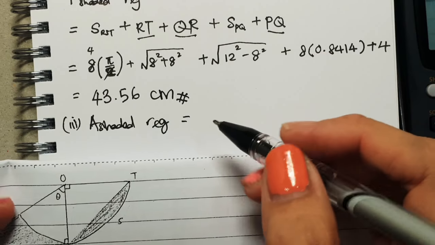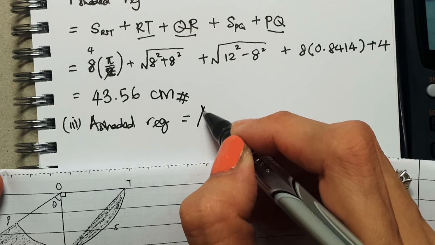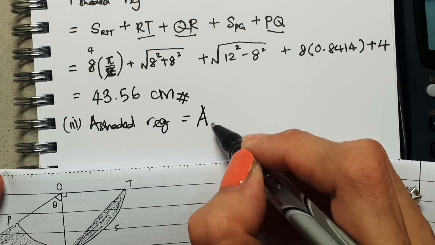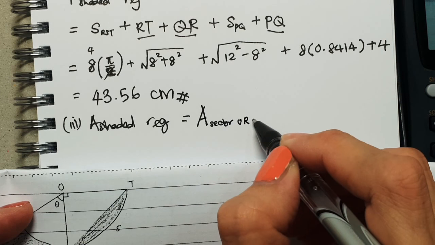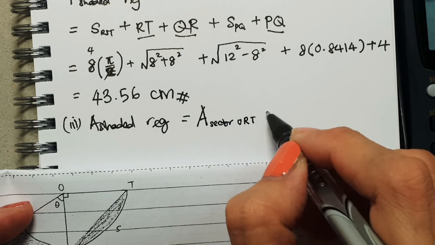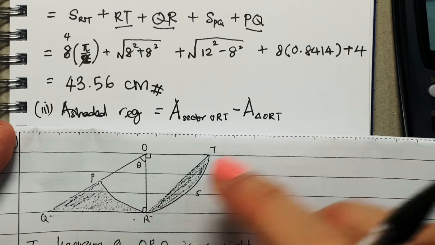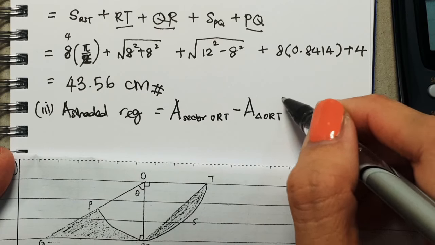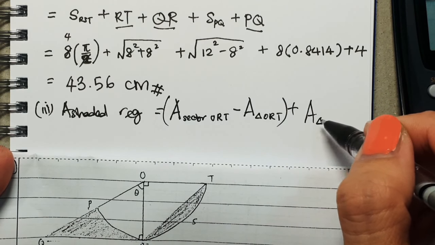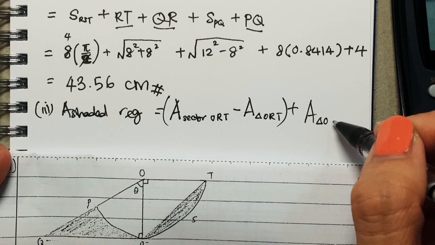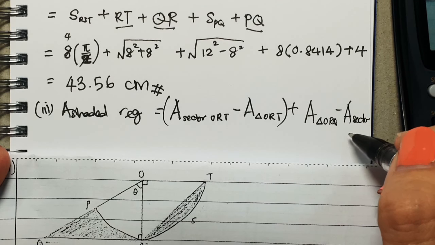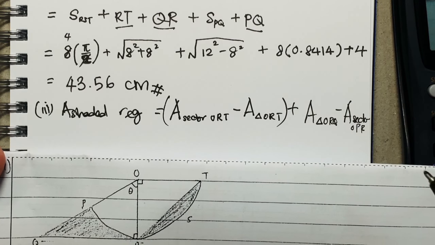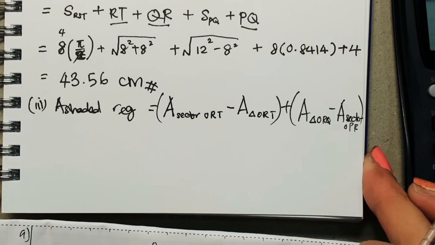So in that case, we will take the area of the sector ORT, minus the area of the triangle ORT, then the side, okay, plus the area of triangle ORQ minus the area of sector OPR.